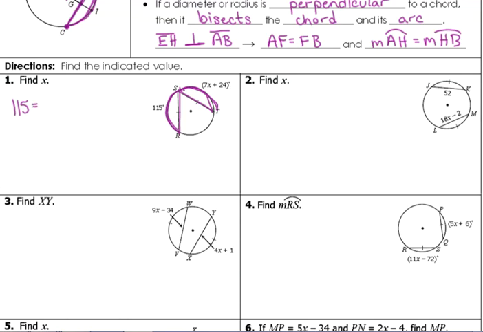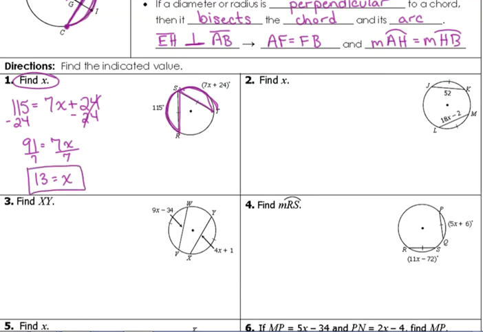So 115 is equal to 7x plus 24. And we solve for x. We subtract 24 from both sides. 91 is equal to 7x. Divide both sides by 7. 13 is equal to x. That's what they're asking us for. Find x. So we're finished.